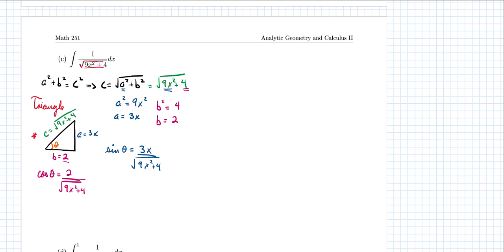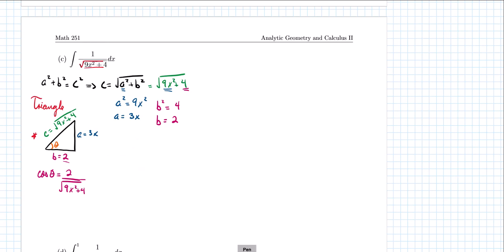Now at this point, we might be running into a little bit of trouble because at some point, we do want to figure out our dx, but none of the functions here seem easy to handle once we take the derivative. So what can we do? Well, this is the first example where I'm not going to be using a sine function, but instead I'm going to use a tangent.